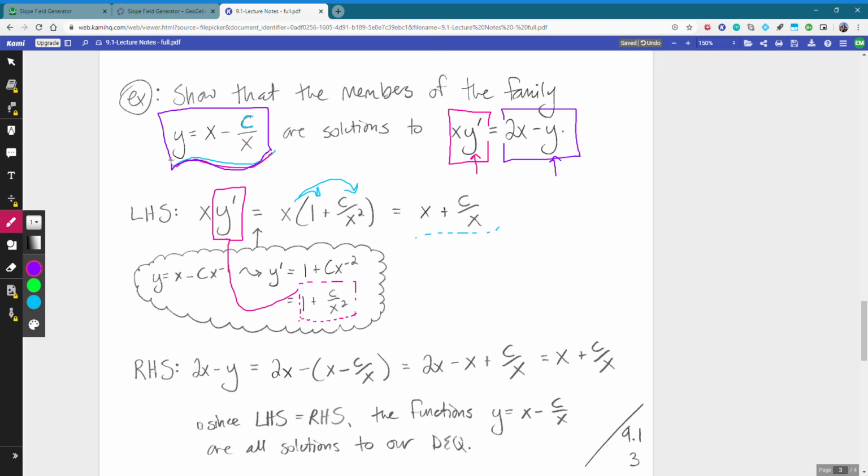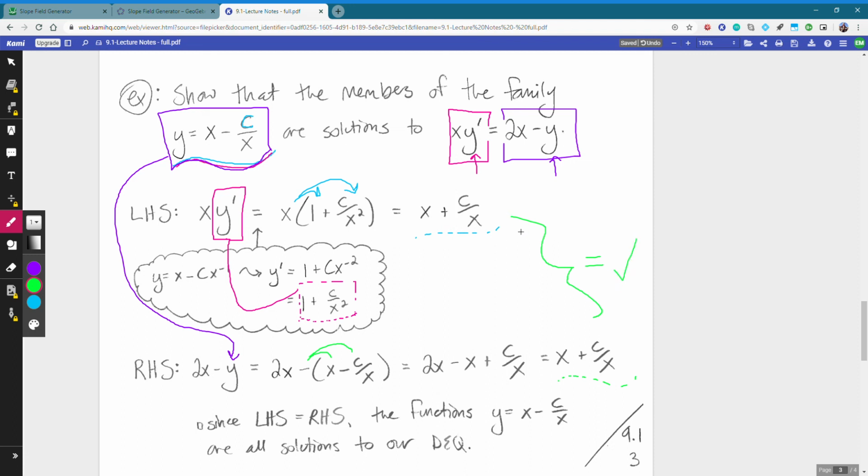We'll just take that and pop that in where we see y here. Doing that, and now distributing the negative, we get 2x minus x, which is x, and the dust settles here. And our big observation is that, hey, that's the same thing as we ended up with on the left-hand side.